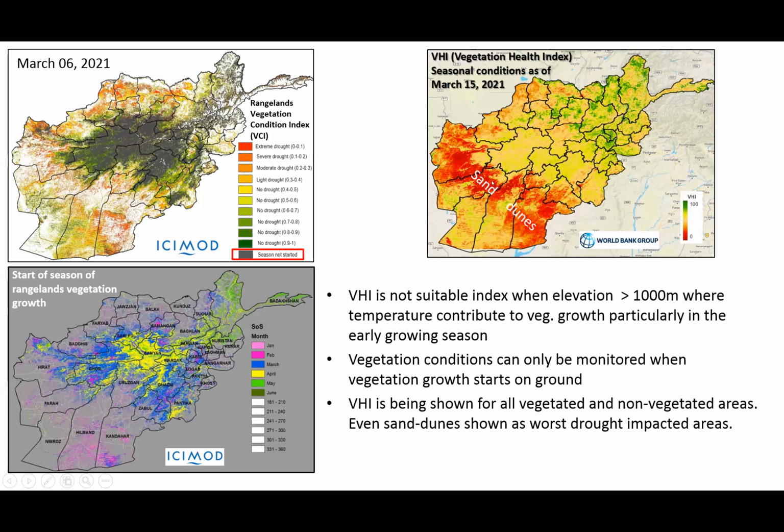Then again, as I mentioned, by the month of March those areas are under snow, while you are communicating the vegetation condition. If you put some formula on some values, you will always have some output, but that output will not have any relevance to the ground.